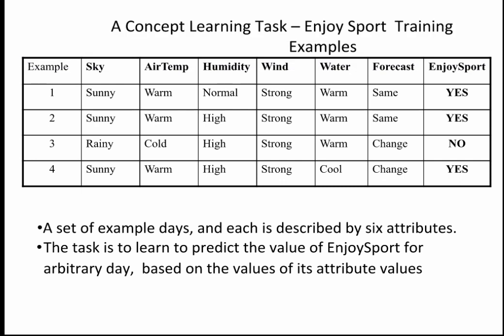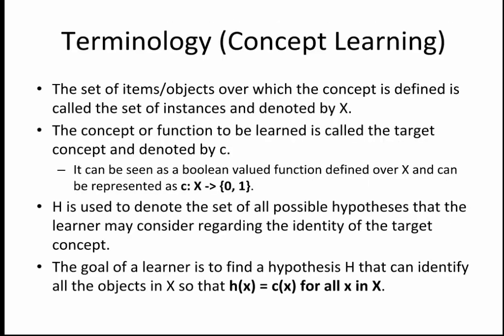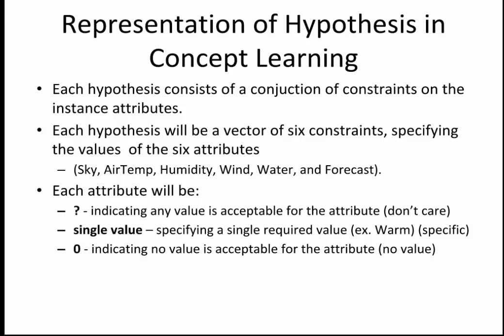as we were having over here, that 0 is indicating no value is acceptable for the attribute. That means if you have a 0 in that particular attribute as a value, it is not acceptable. That means it will be considered as no value.